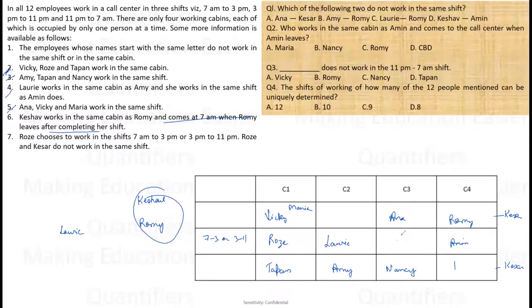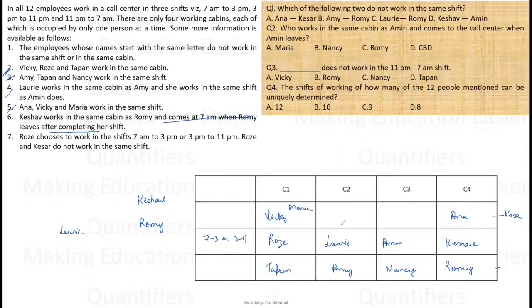Okay, so let me try the other one. Amin is there and Anna is there. So Amin is here now, Anna is there now. Now, one among Rose and Rumi cannot be here because R is already there, which means Rumi has come here in this case. Keshav will be there in this case.